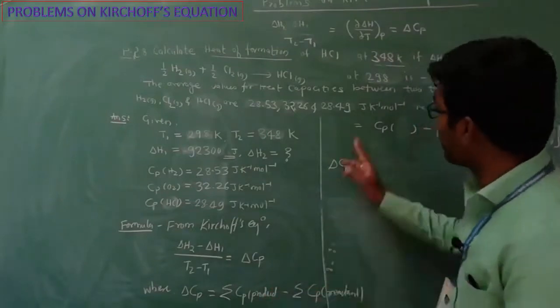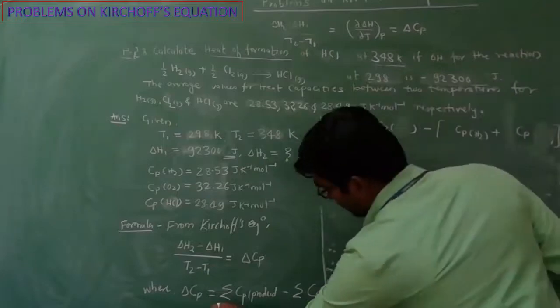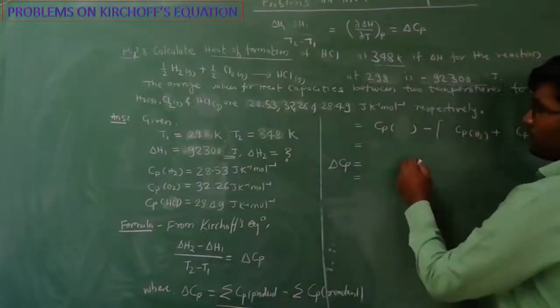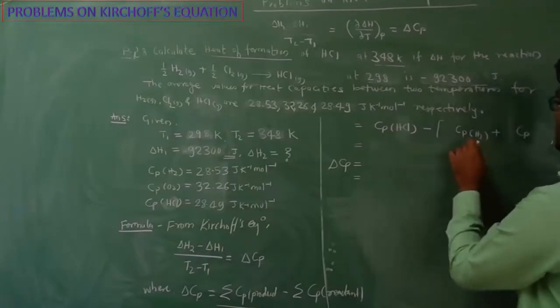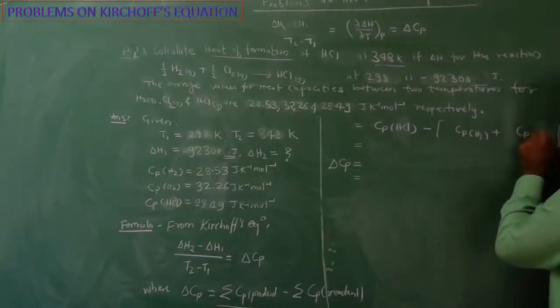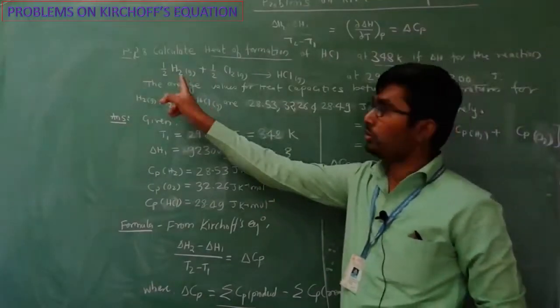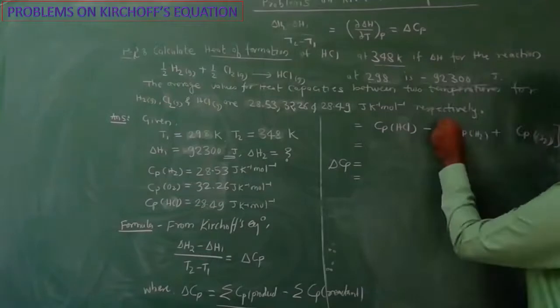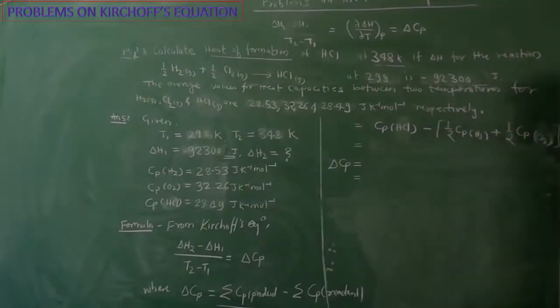So let us put these values. The specific heat capacity of the product is Cp of HCl, minus Cp of hydrogen and Cp of chlorine Cl2 gas. Look here, there is 1/2 mole, so the multiplication factor here is 1/2 and here it is also 1/2.